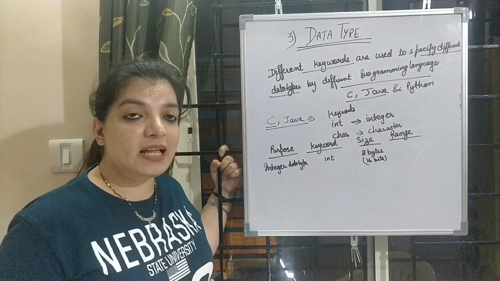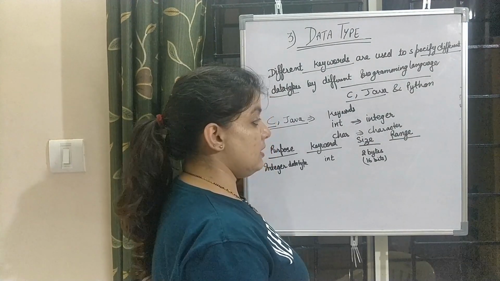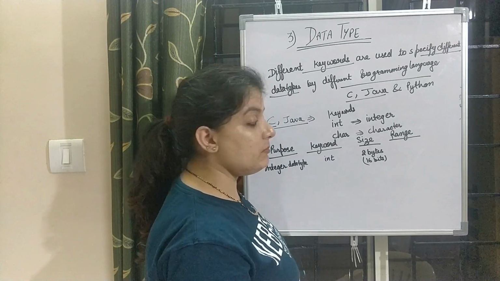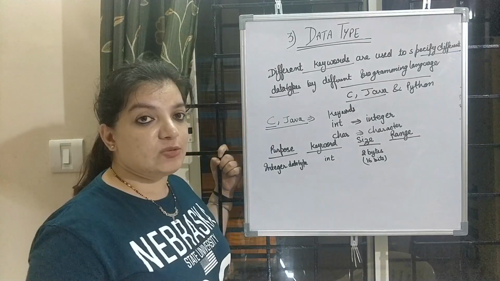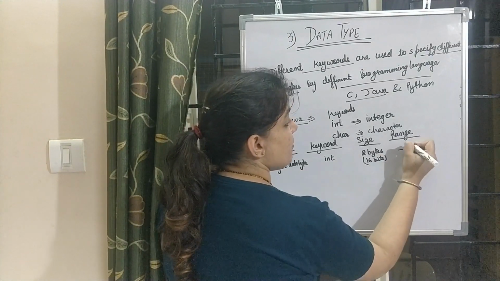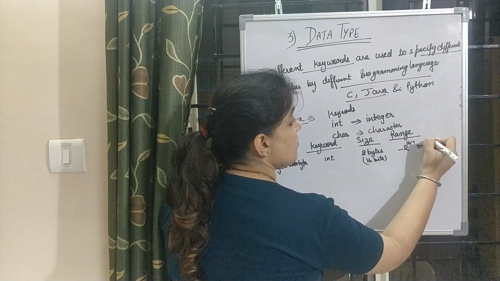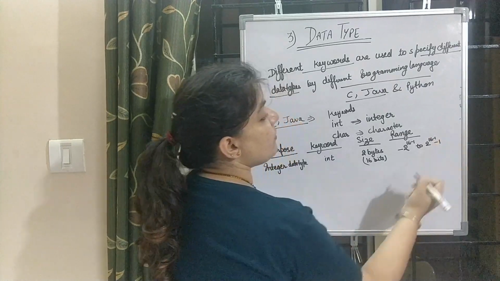Now, what will be the range of this? The range depends on the computer, like a 16-bit machine or a 32-bit machine. If we are taking a 16-bit machine, the range will be minus 2 raised to power 16 minus 1 to 2 raised to power 16 minus 1, minus 1.